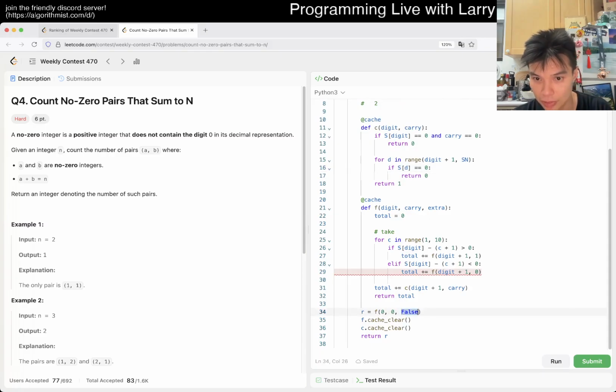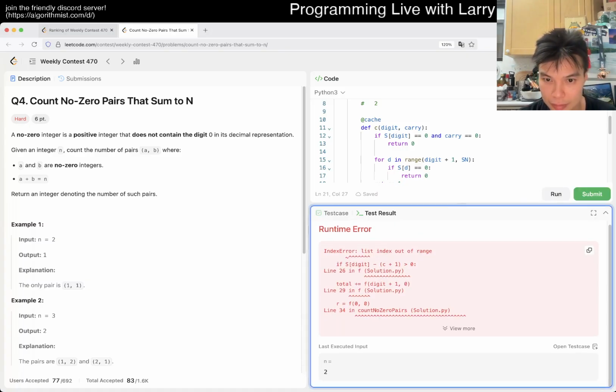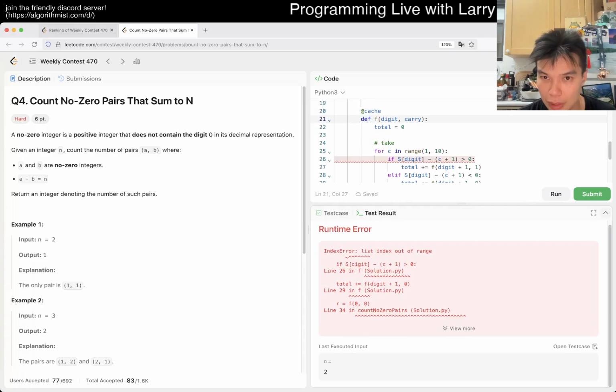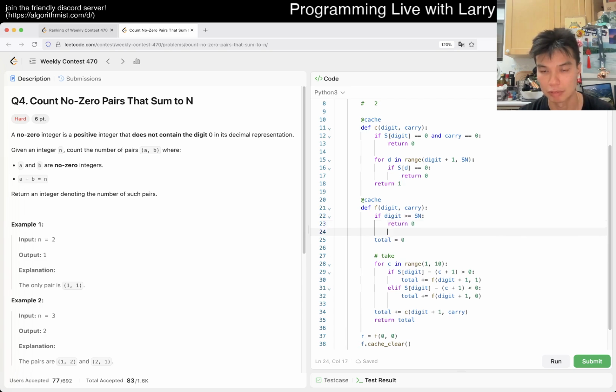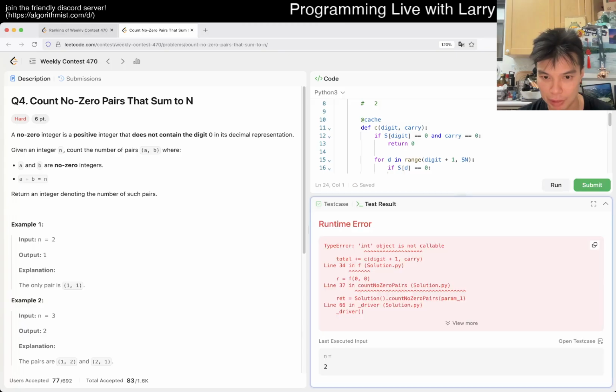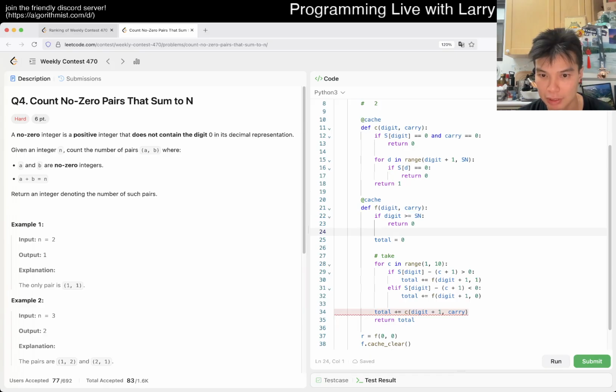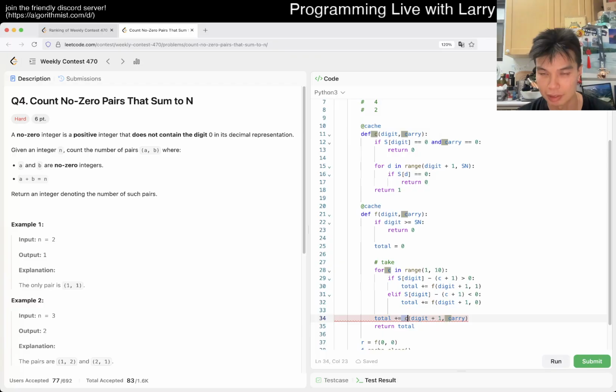I lost the first, lost the extra. This out of bound. Oh yeah, I don't have a crazy thing, so okay. Almost doesn't matter, right? If digit, then we run out of numbers because we should have counted previously, right? Int object not callable because C is an object. Okay. Because I am a silly boy.